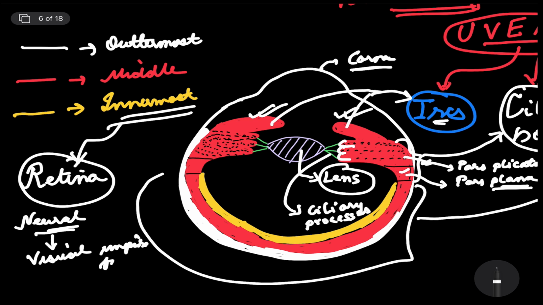So the visual impulse formation, the vision, or rather the image being formed in our eye is in the retina, the neural layer. That is the function of the retina. We'll obviously talk about it in a lot more detail later, but for now this will do. We are only just laying down the foundation. That's all we are doing right now.